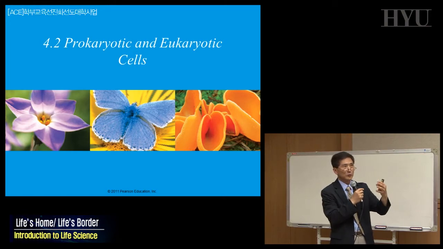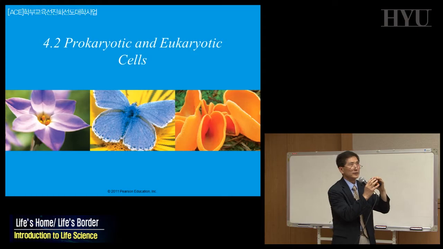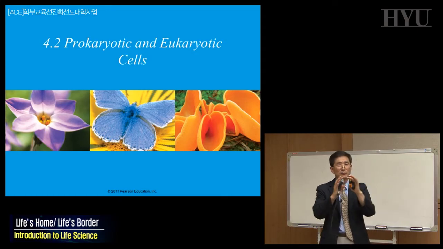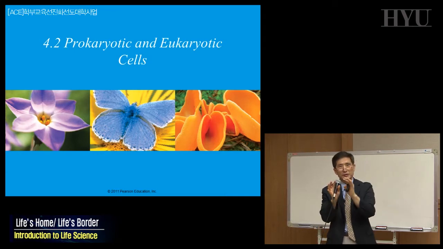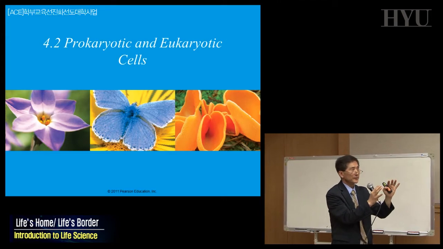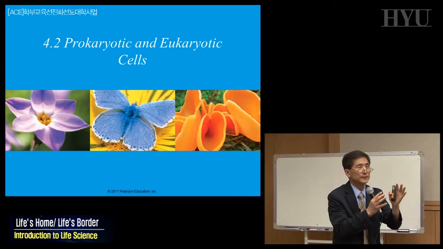But if life gets a little more complex, you want to have your own space. You want to have your bathroom, your room, your kitchen, the compartments. You want to divide the spaces. Now that's the eukaryote.